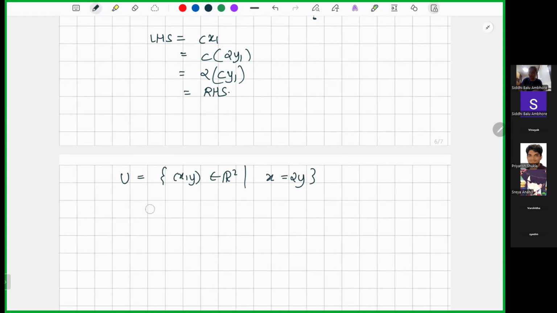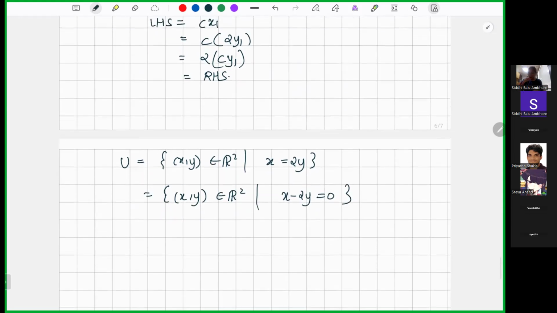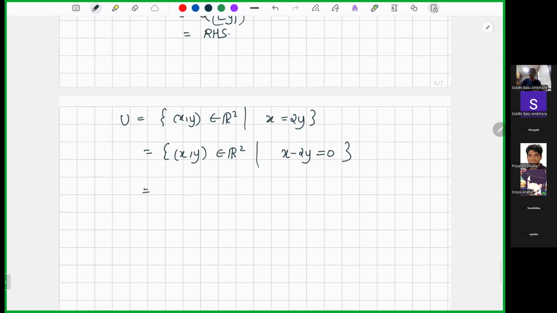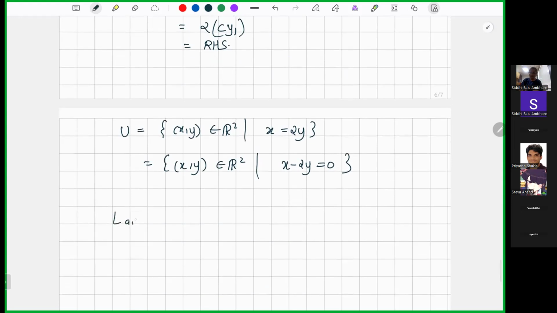If I rewrite this, this is exactly x minus 2y equal to 0. And if I see what I proved in my earlier question, it is that L of a, b is a subspace of R2 for all a, b in R2, right?